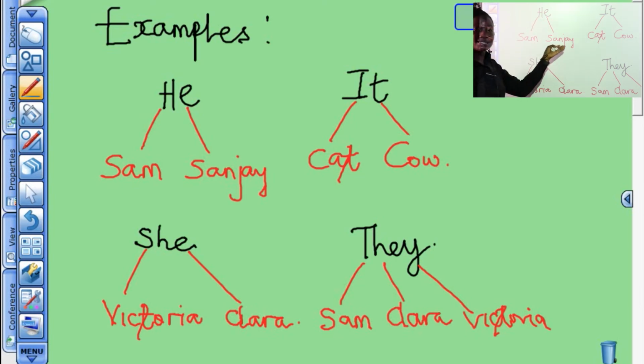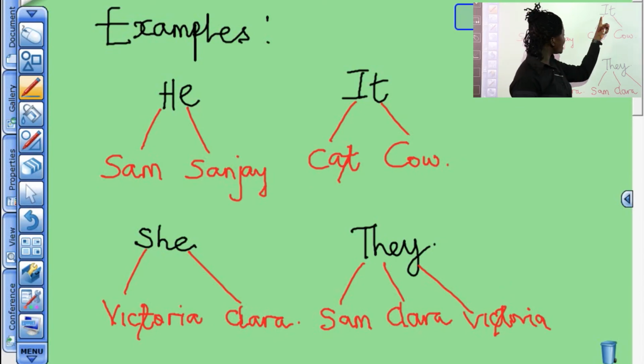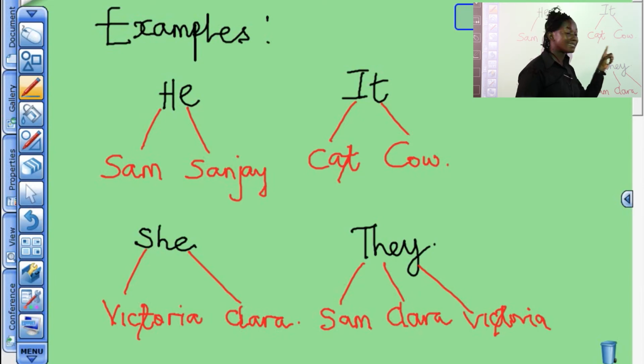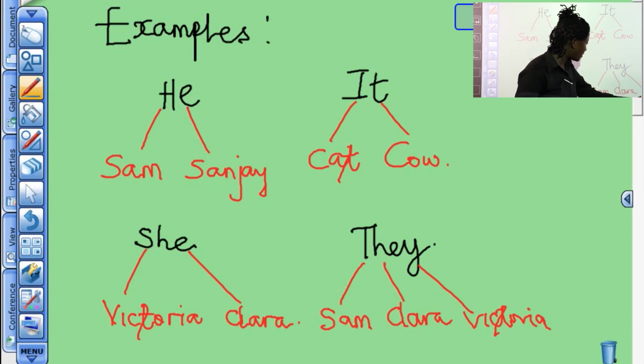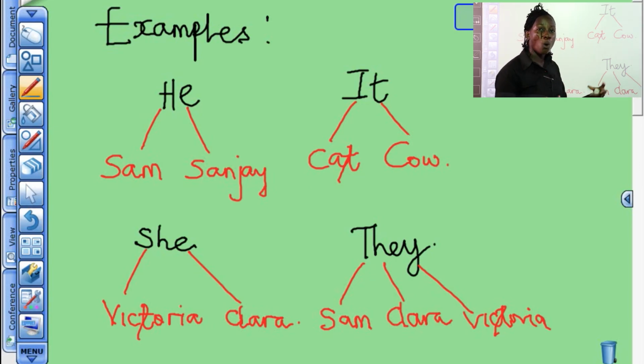That is Sam, Sanjay. The next one, she. She represents female. That is Victoria, Clara. The third one, it. It represents cat, cow. The next one, they. They represent Sam, Clara, Victoria. That is combination of more than one person gives the word they.